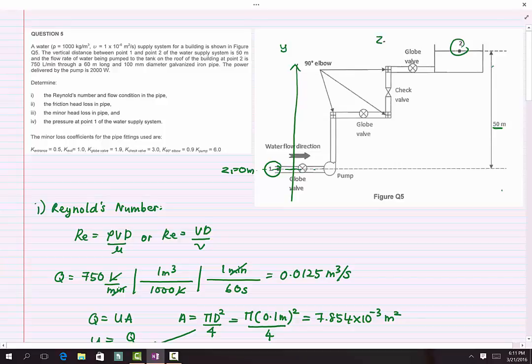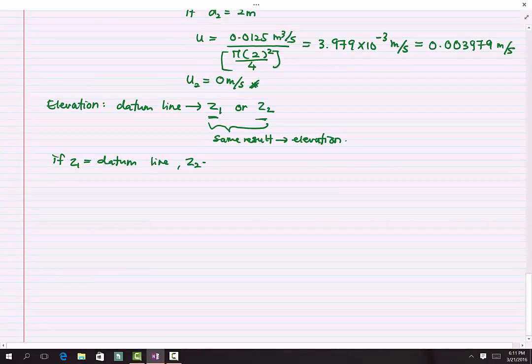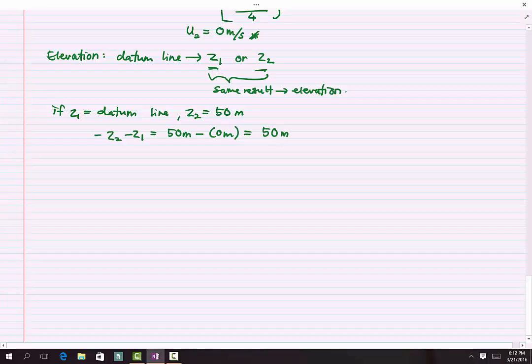So Z2 is 50 meter. In Bernoulli's equation, Z2 minus Z1: Z2 is 50 meter minus Z1 is 0 meter, our datum line. Therefore, it will give you a positive value of 50 meter. Z2 minus Z1 is delta Z.